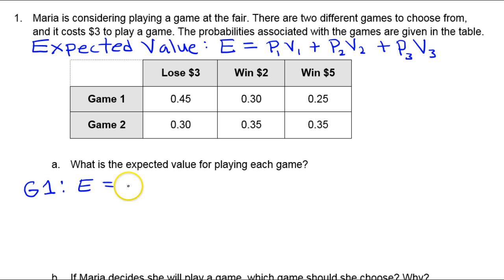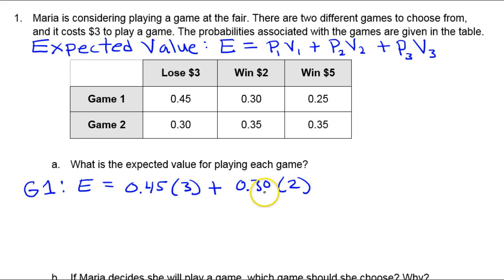There is a probability of 0.45 for a value of $3. There's a probability of 0.3 for a value of $2. Wait, I made a small mistake here. The $3, we're talking about losing $3, so that's negative $3.